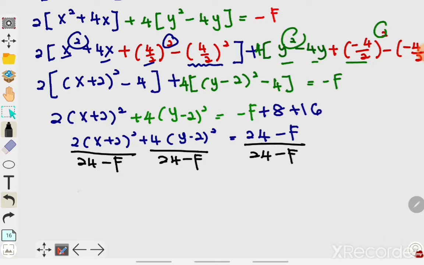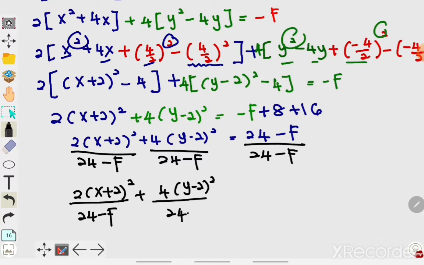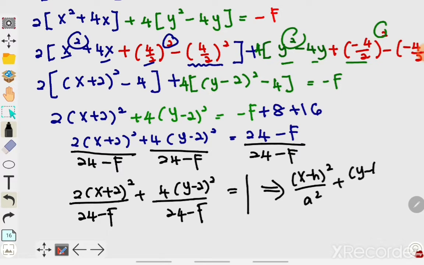Then we have 2 times (x plus 2) squared divided by 24 minus f, plus 4 times (y minus 2) squared divided by 24 minus f, equals 1. This is exactly (x minus h) squared over a squared plus (y minus k) squared over b squared equals 1.